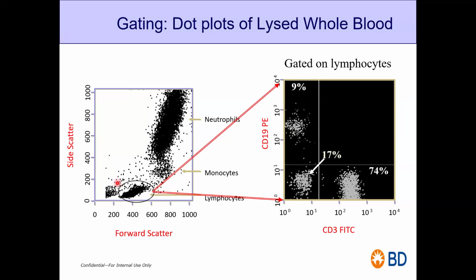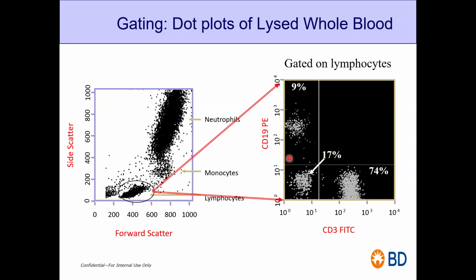Same, I wanted to find my CD19 B cells. So I made a region. I know in this population only I'm going to find all these markers. So I made a region, and now I'm searching for those markers. So now I made a gate. This is called gating. This is called regioning.